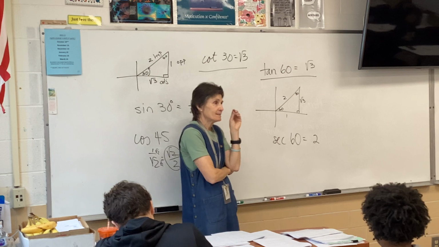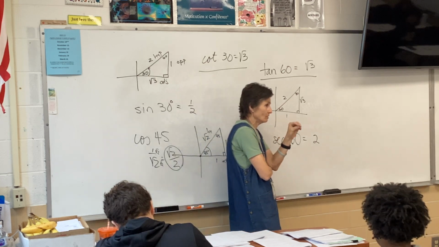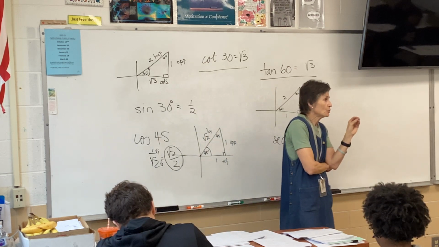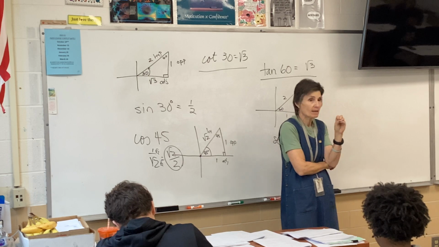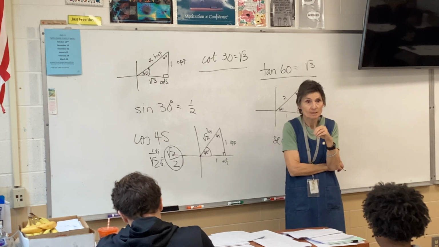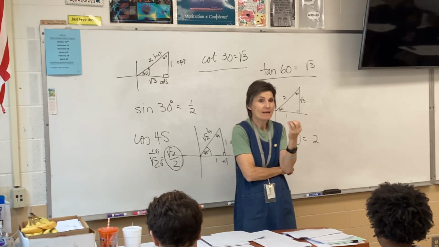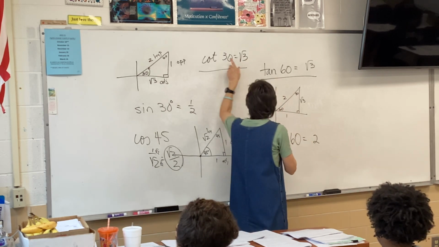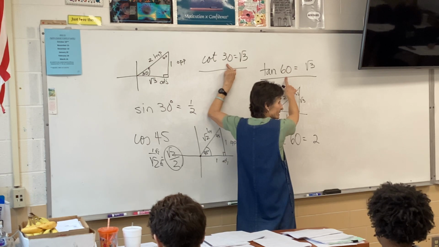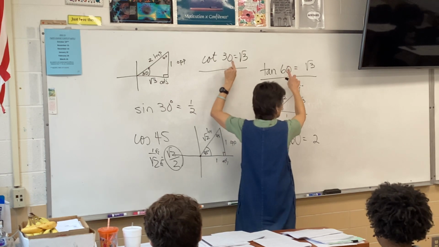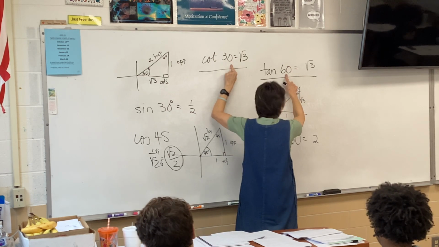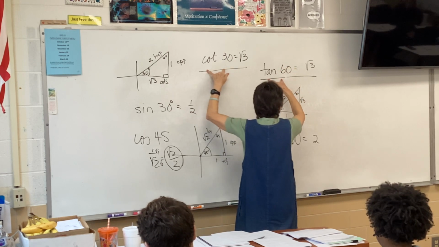So the tangent of an angle is equal to the cotangent of the complementary angle. So what does it mean for angles to be complementary? They add to 90. Do 30 and 60 add to 90? These are complementary angles, so their co-functions are equal.